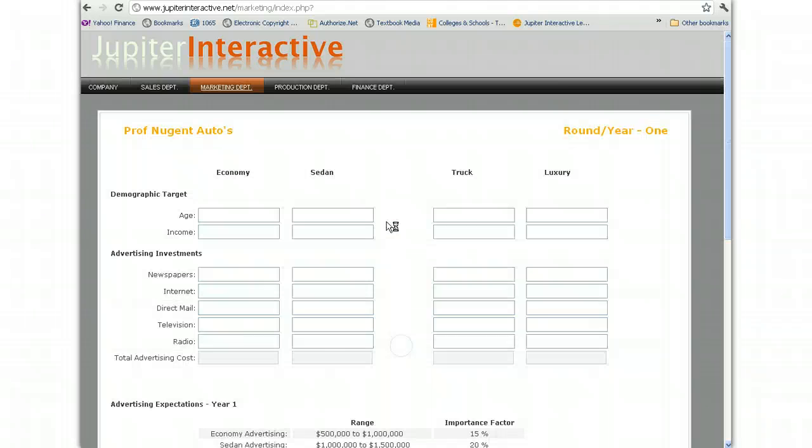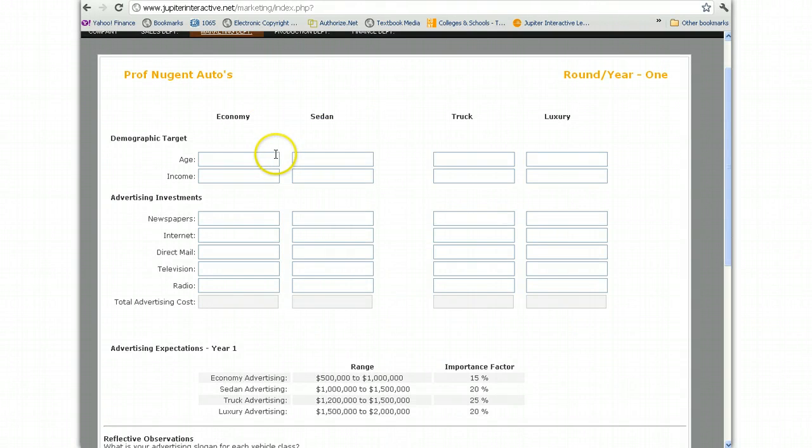Okay, so I'm going to go to the marketing, and in the marketing we have the demographic target. And again, these demographic targets, I had a question: are these targets actually doing anything to help me sell more cars? And the answer is these actual targets up here are just part of the role play, and they're supposed to tie to, and you could almost write anything up here because they're not going to affect your actual demand on who's going to be buying your cars.